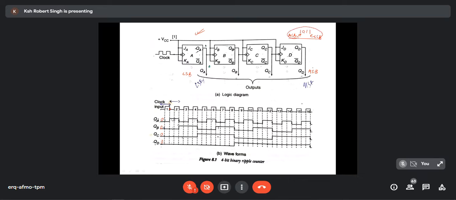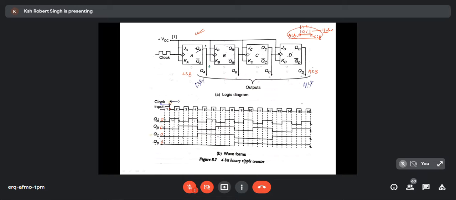When I write the number 1011, this is your least significant bit, and this one is your most significant bit. So this 1011 is nothing but 11 decimal. This 11 is written in binary as 1011. So this is your LSB and this is your MSB, as you know. But in case of this arrangement, this side is your MSB and this side is your LSB.